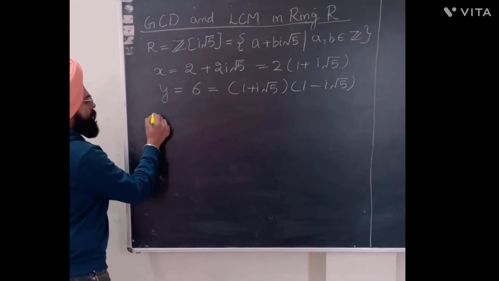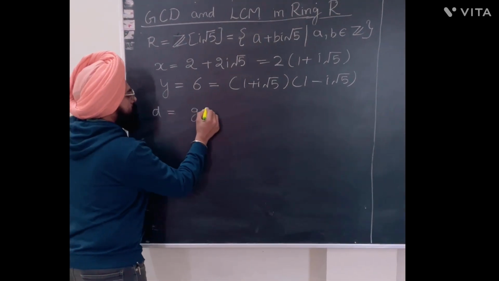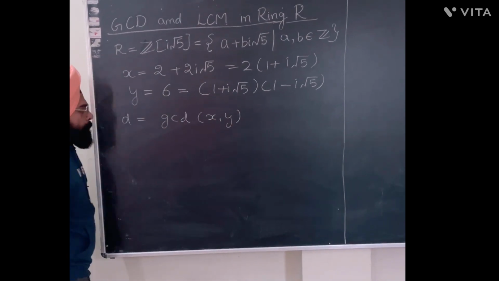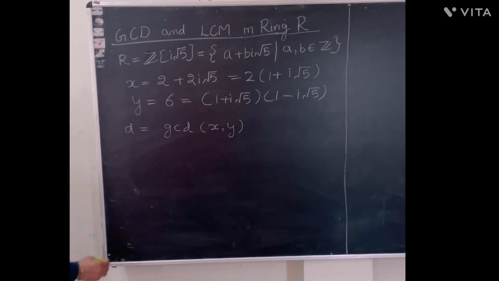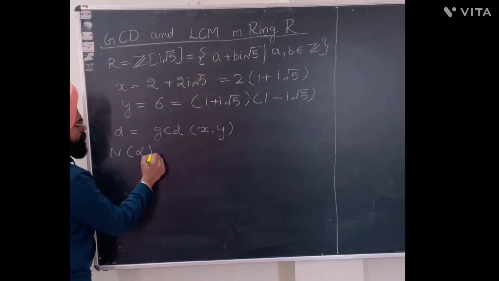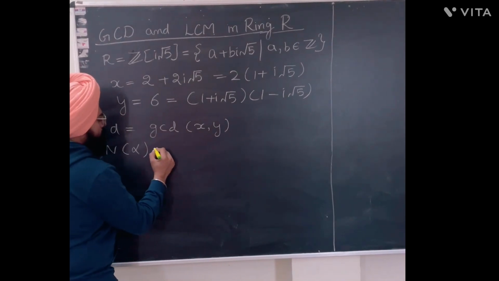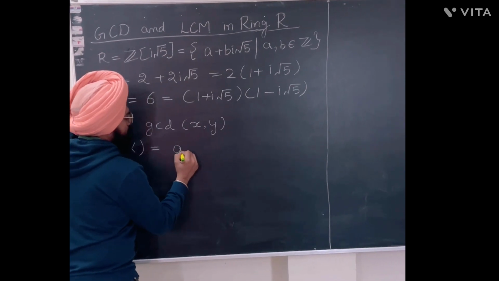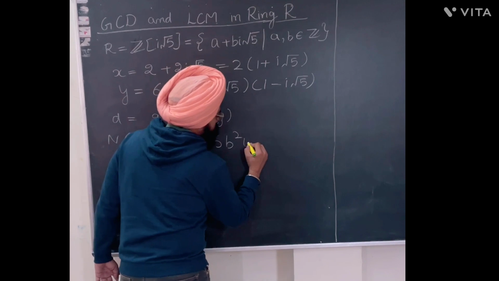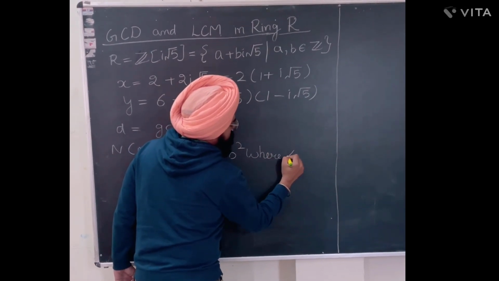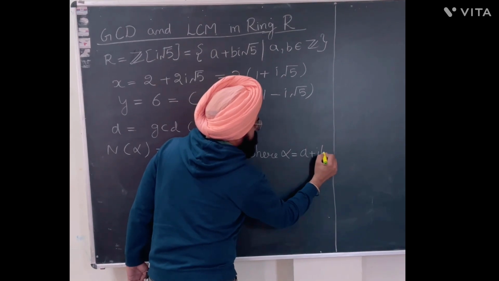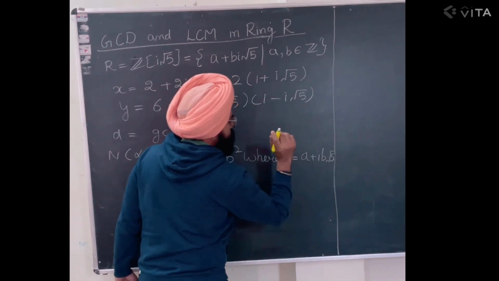Let's say d is the GCD of x and y. Before this we define a norm function. Let us define the norm of alpha as a squared plus 5b squared, where alpha is a plus iota b root 5.